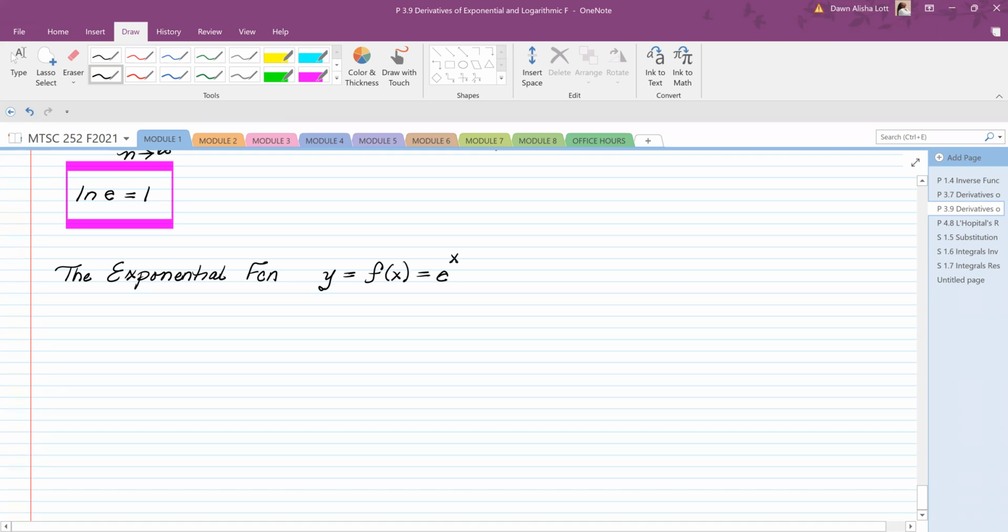Okay, so what does that mean? Well, e to the first power is e, e squared just means take e and multiply it by itself again, okay? What is e to the minus 2? Well, that just means do 1 over e squared, so you can calculate that. And so what is e to the 1/3 power? Well, that's just the cube root of e. So all of these have values that you can calculate on the calculator.